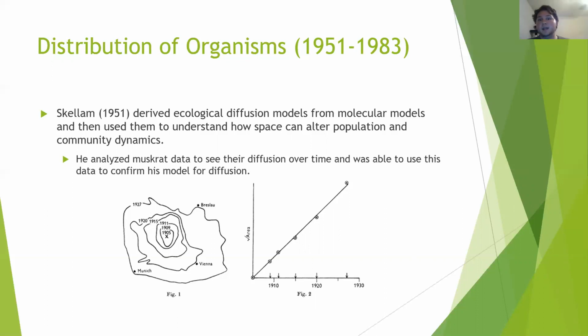He then compared this to muskrat data that he had, which you can see in the bottom left, how in 1905 it is in a certain spot, and by 1927 it's expanded. He looked at the area of the expansion and compared his models to it, and his models lined up with that data. And as a result, these models are still used today for looking into things like invasion.